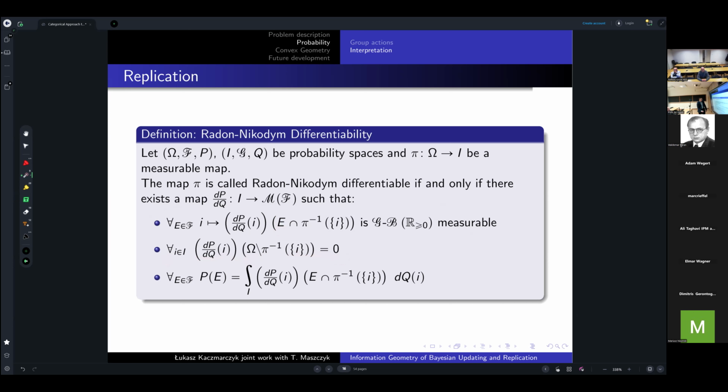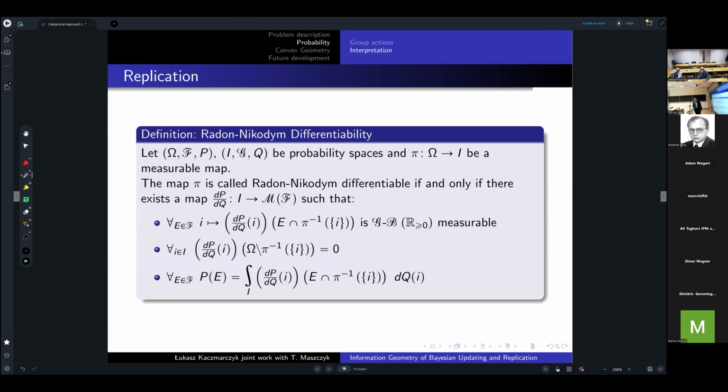And lastly, the integral formula, which really resembles the one from the disintegration of measure, has to be satisfied. The difference between this and the disintegration of measure is simply that we do not demand that these measures have to be probabilistic measures.